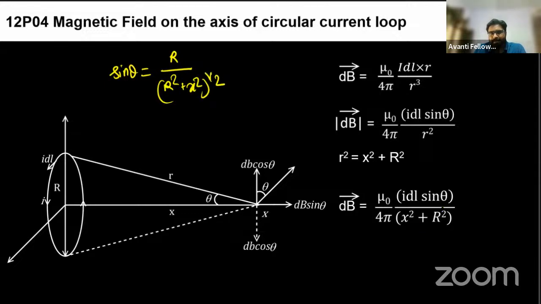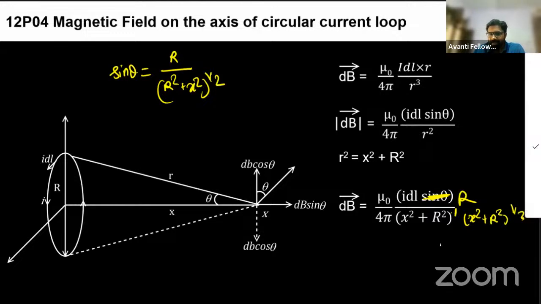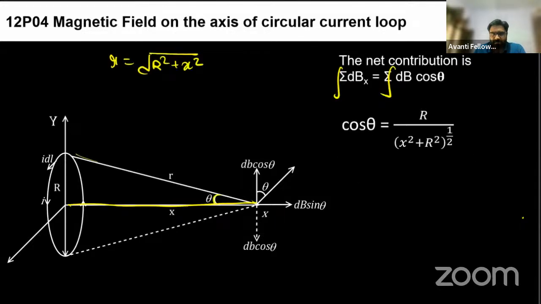When you put this value here, so this R square plus x square power raised to 1, and here we have x square plus R square raised to the power 1 by 2, and ऊपर में we have R. So this would what? Power 1 and half will add up and it will give you 3 by 2 power. ठीक है, same thing we have done here. And this is not cos theta, this is sin theta actually.